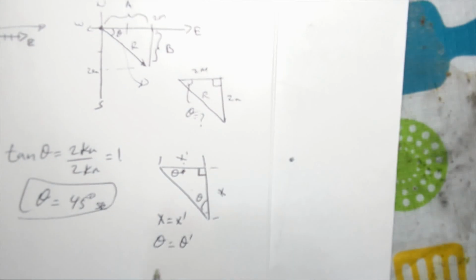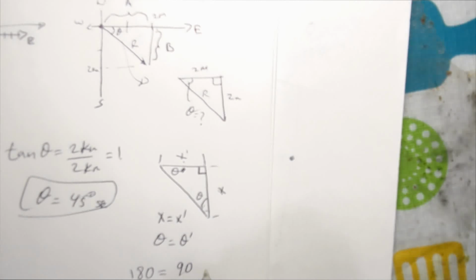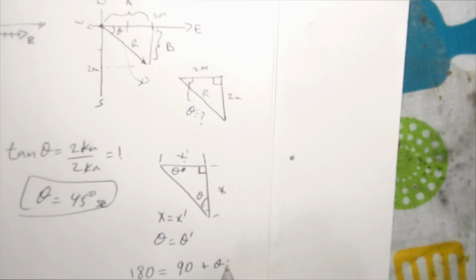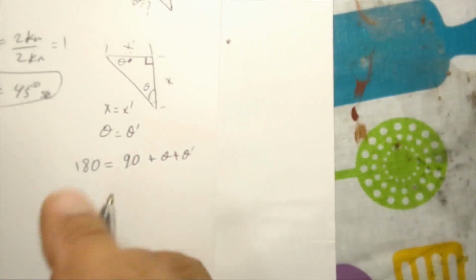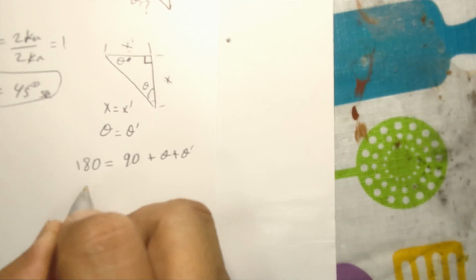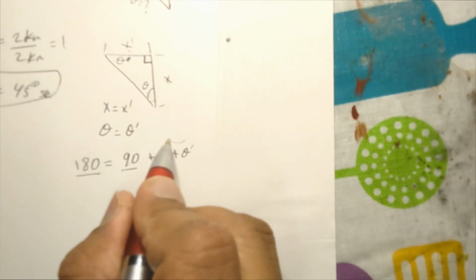If these are equal and you already have 90 degrees, altogether it should be 180 degrees. So 180 degrees is equal to 90 degrees plus theta plus theta prime.